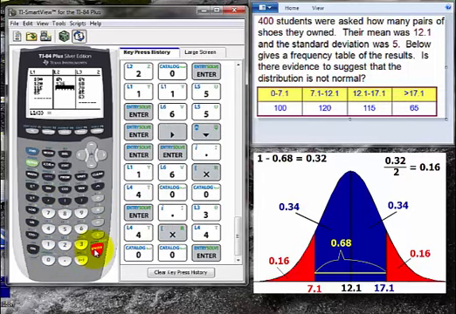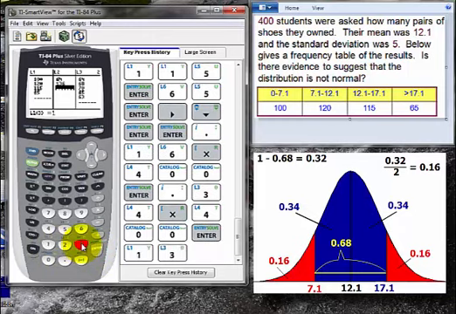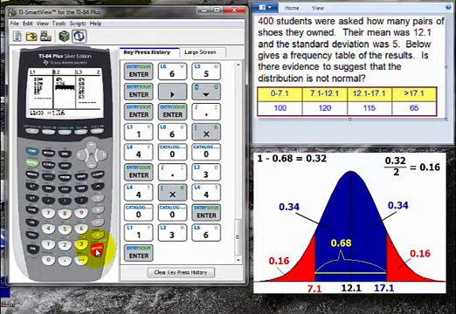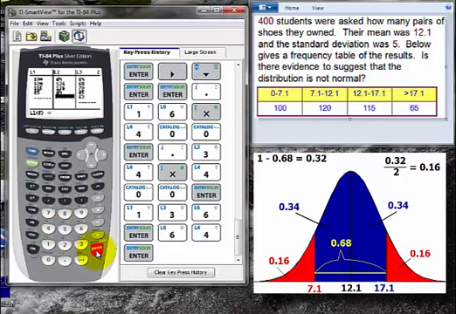Enter. And I get 136. Because of symmetry, we're going to have 136 for the next interval between 12.1 and 17.1. And we should have 64 greater than 17.1. So those are our expected counts.